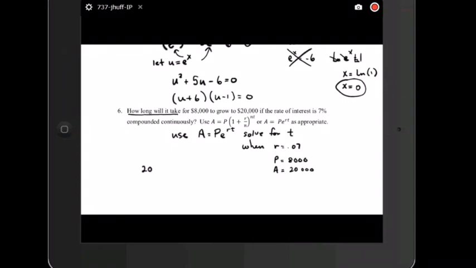So 20,000 is equal to 8,000 times e to the 0.07 times t. We would divide by 8,000 as a first step. So divide by 8,000. And then the 3 zeros cancel. 20 divided by 8 is 5/2.